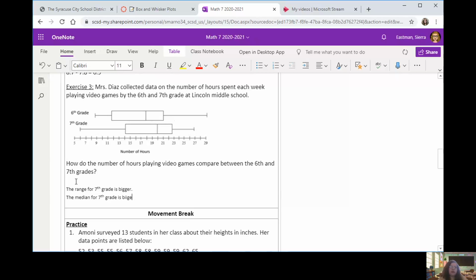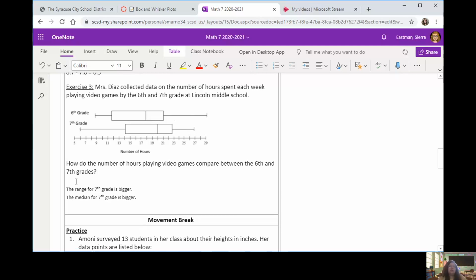And we can find that interquartile range again as well. Looking at our third and first quartiles, this one is about 22.5 and then 14. So 22.5 minus 14 would give me 8.5.